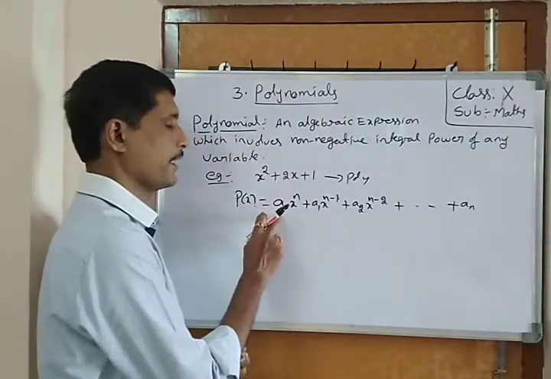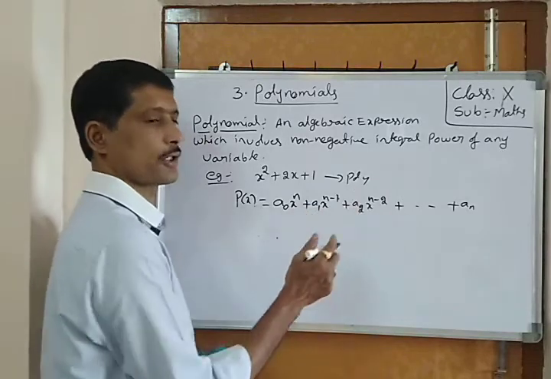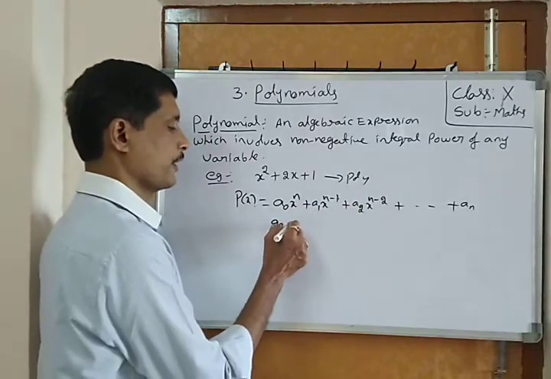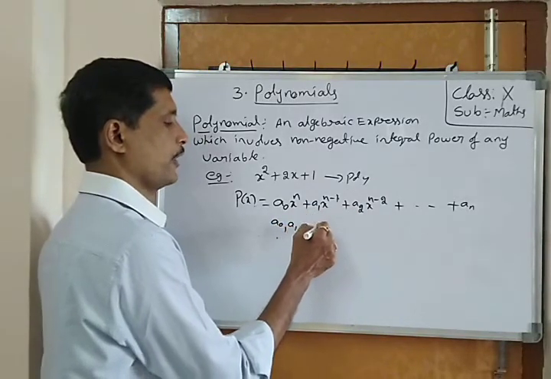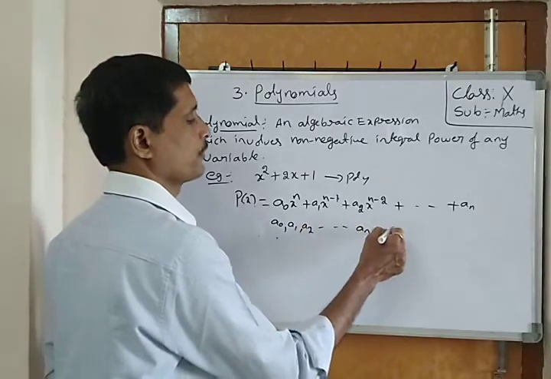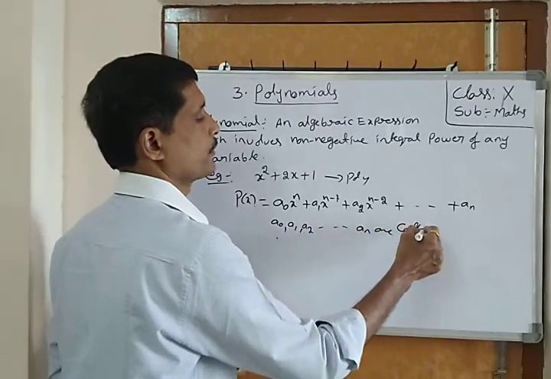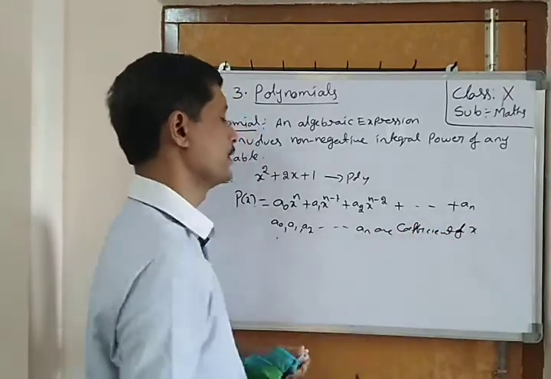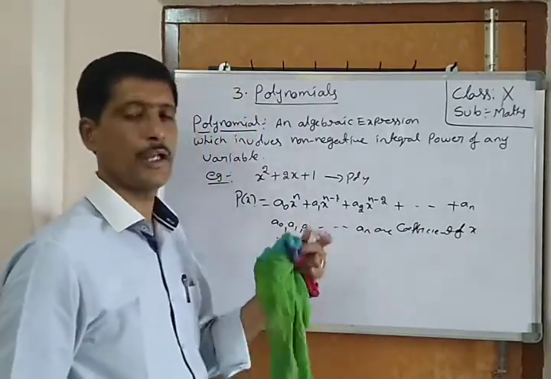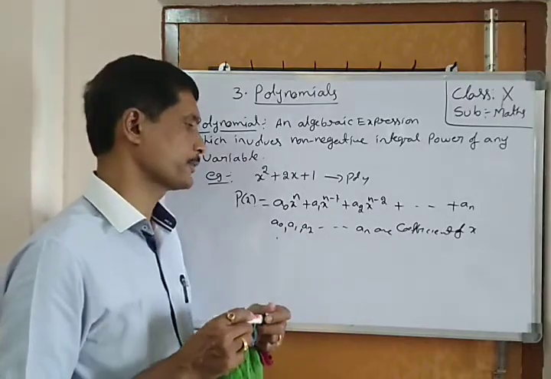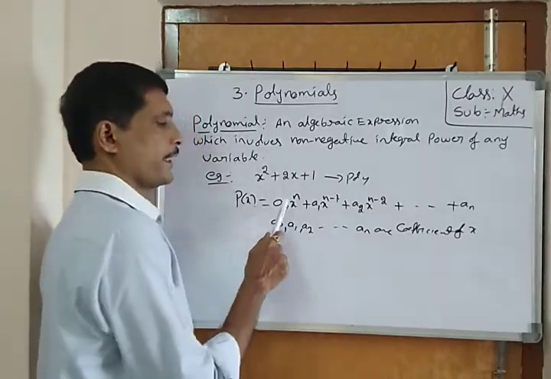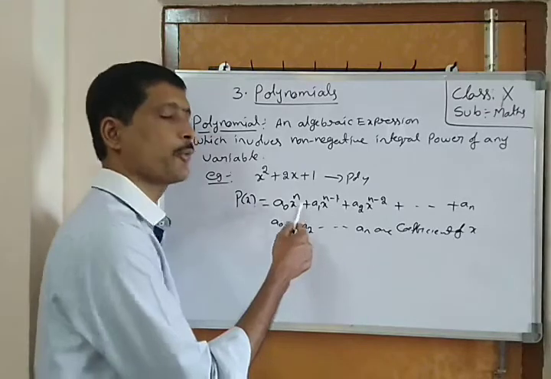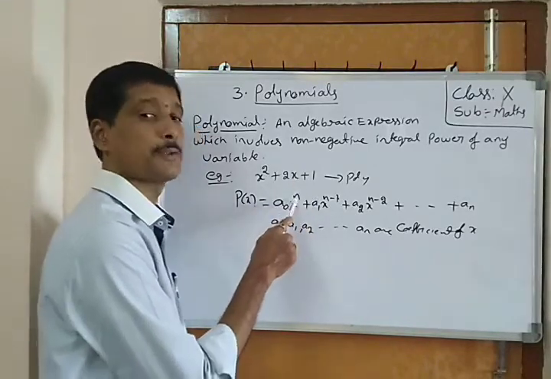Here a naught, a1, a2, and so on up to an are the coefficients of the variable x, with x square, x cube, x power 3, x power 4, and so on.